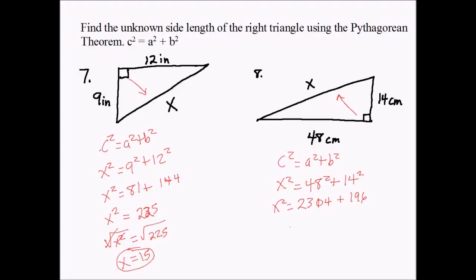And so now we have x squared equals 2,500. And then if you were to cancel this square by square rooting it, whatever you did to one side, you got to do to the other side. And so the square root of 2,500, if you plug in the calculator, is going to be equal to 50.